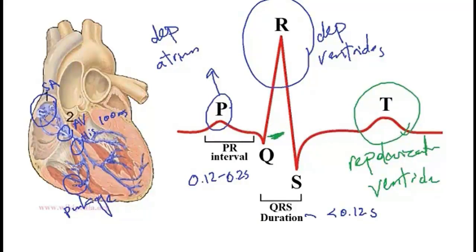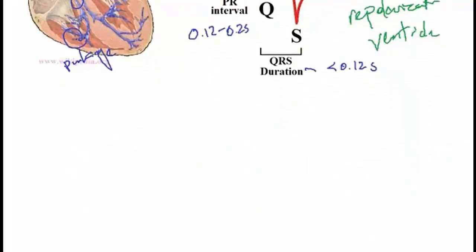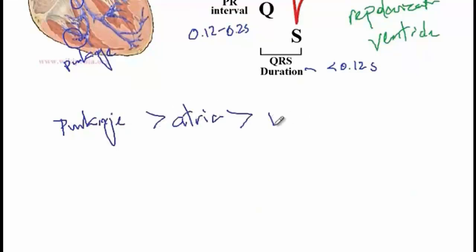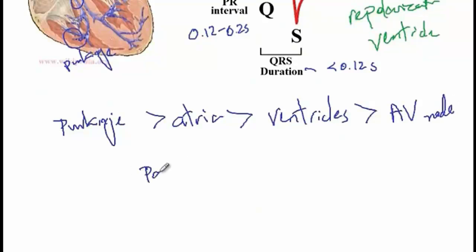Now, in addition to the facts I mentioned here, I would also like you to note that the speed of conduction is fastest in the Purkinje fibers, after that in the atria, ventricles, and the AV node. So the way I memorize it is park at ventricles avenue.